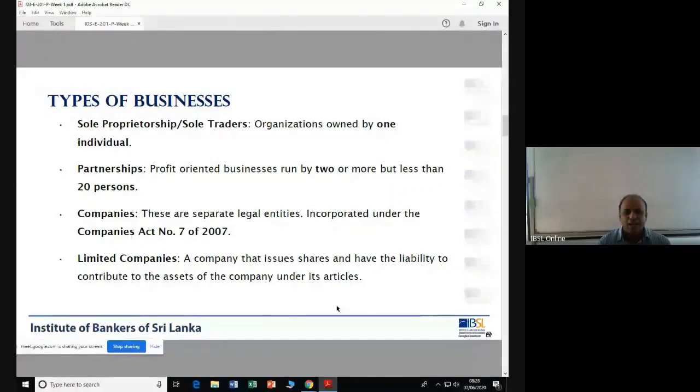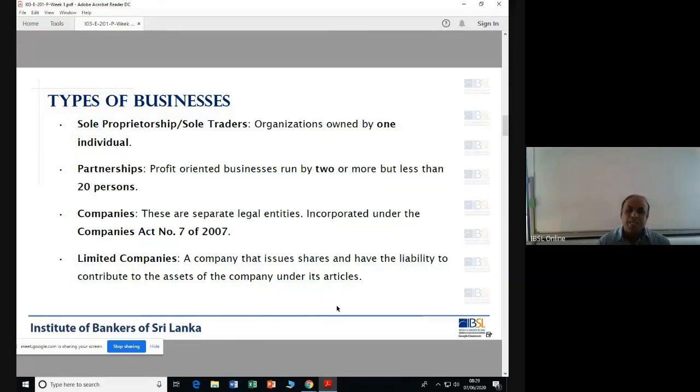So there is a higher limit for the number of participants. As we go on, we will see the difference between a partnership and a business having more than 20 people. So here the term partnership means a profit-oriented business run by two or more people, but less than 20 persons.